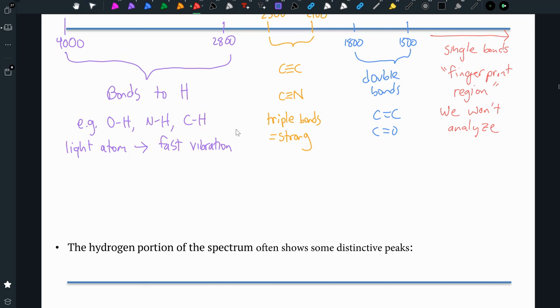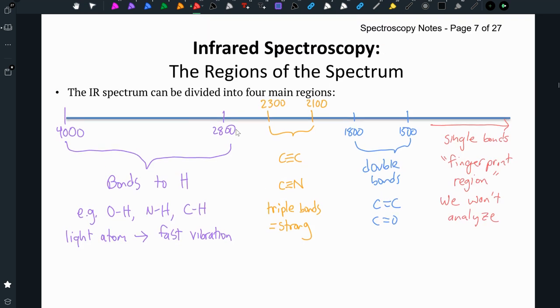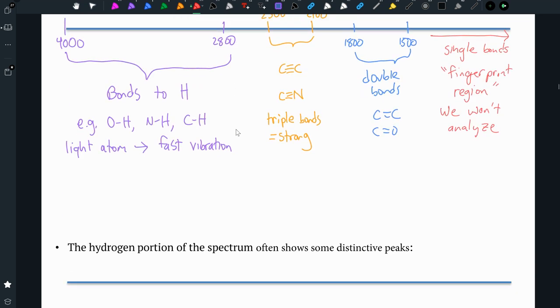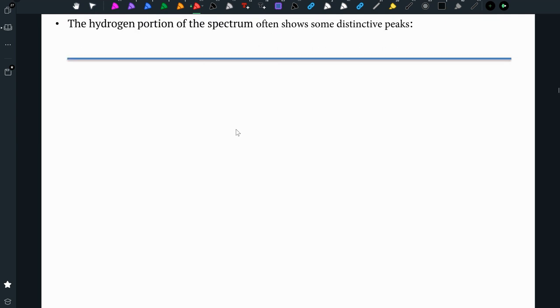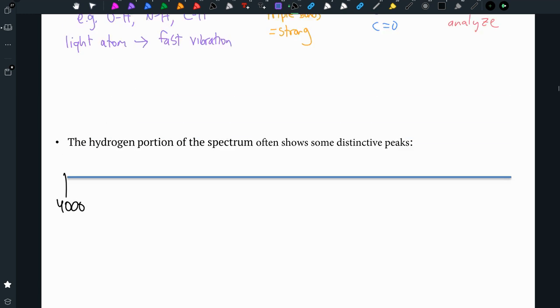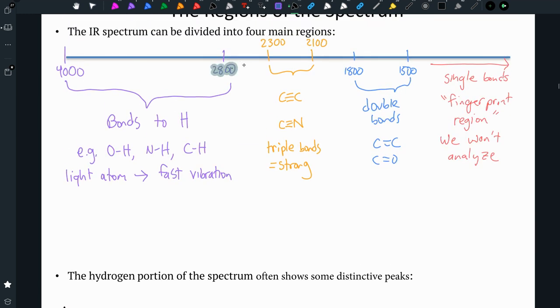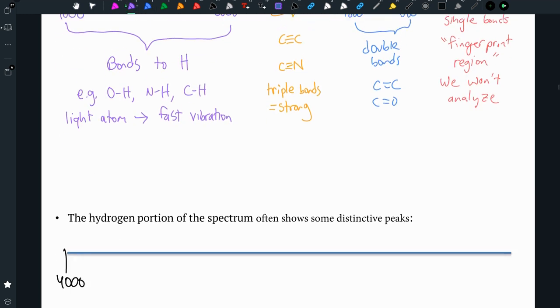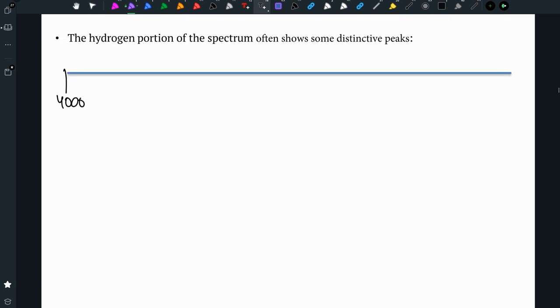Just focusing in a bit on that bonds to hydrogen part of the spectrum. In that part of the spectrum, again, 4,000 to about 2,800, maybe closer to like 2,600, there are some peaks that are worth pointing out.